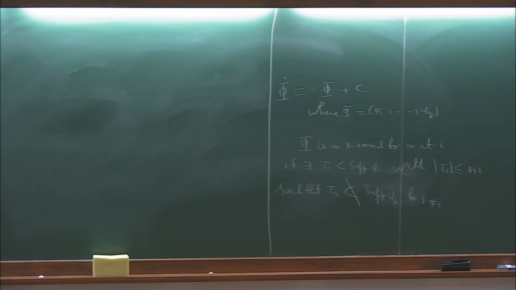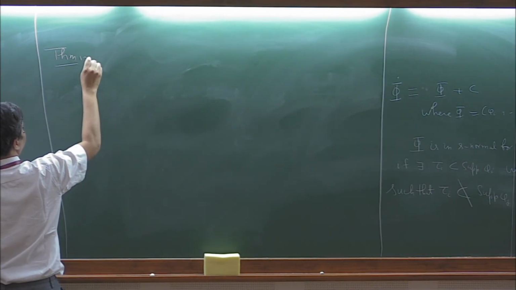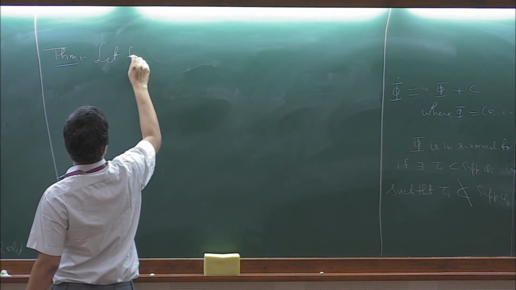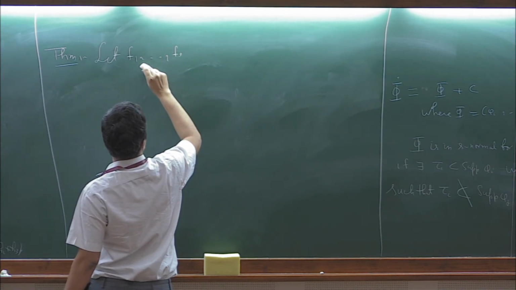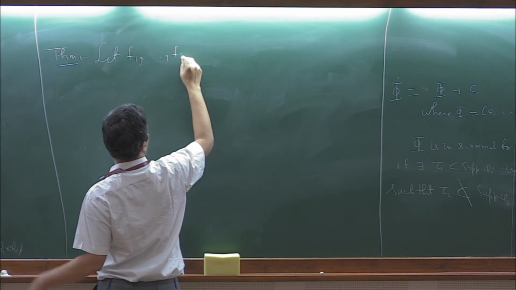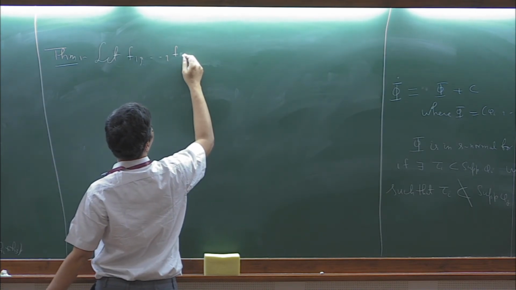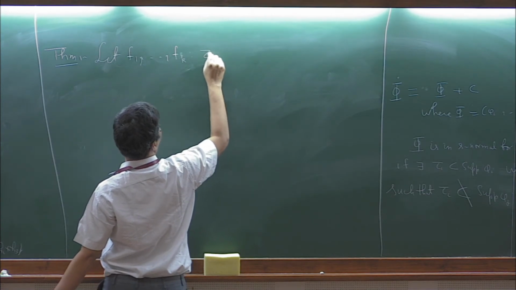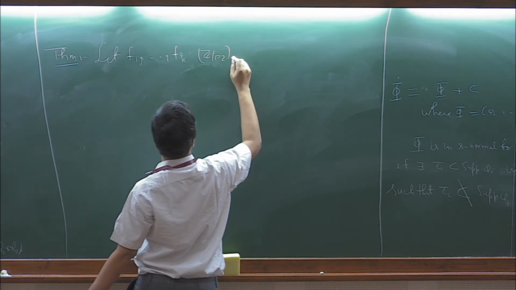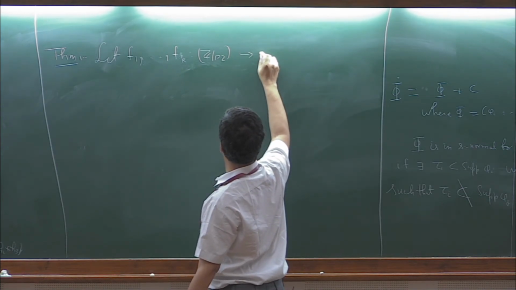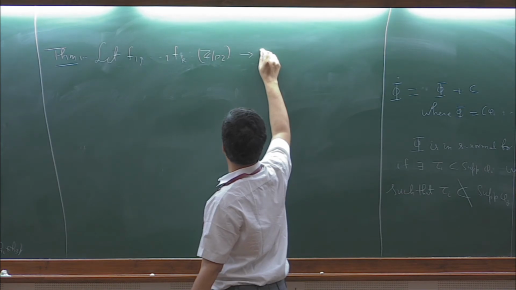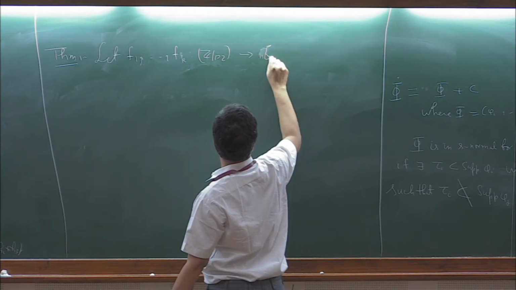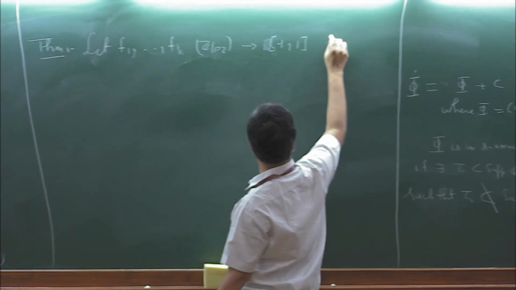Okay, so the theorem here. Let F1 to Fk from Z mod Pz to R, to, let's say, -1 to 1 be functions.